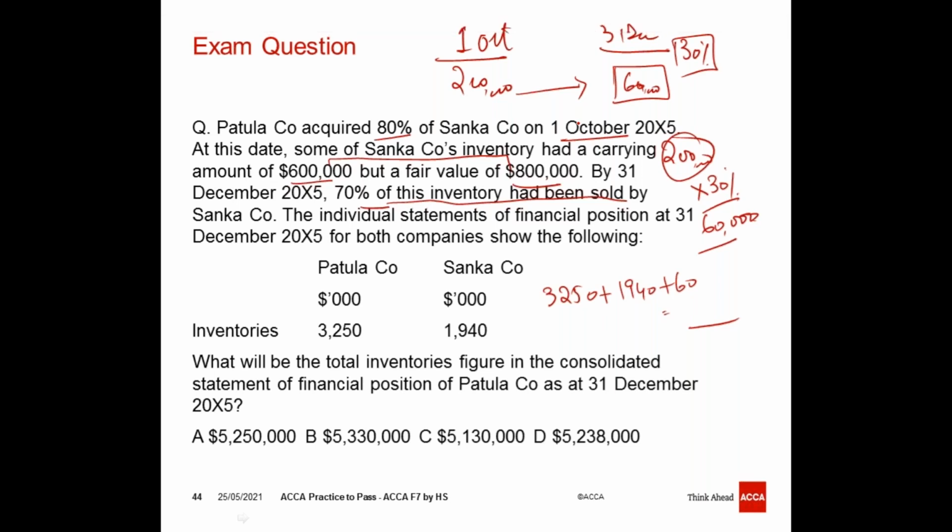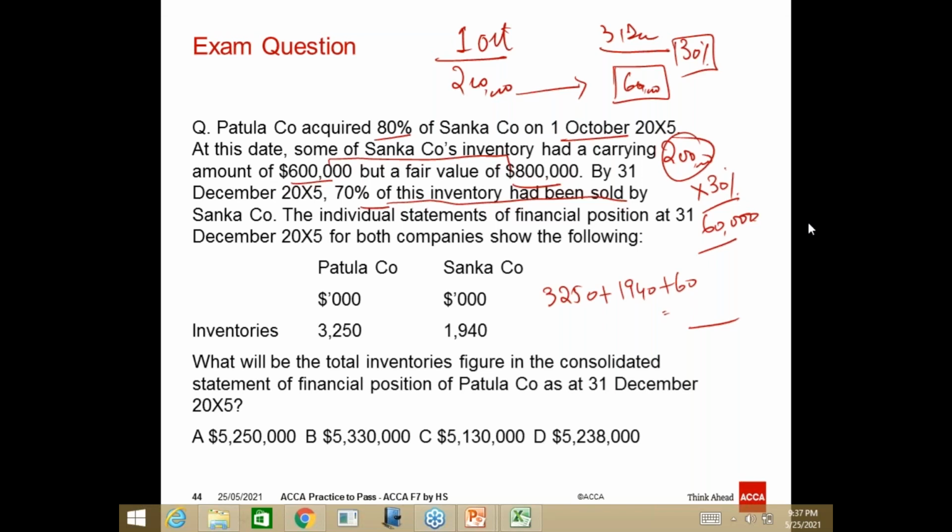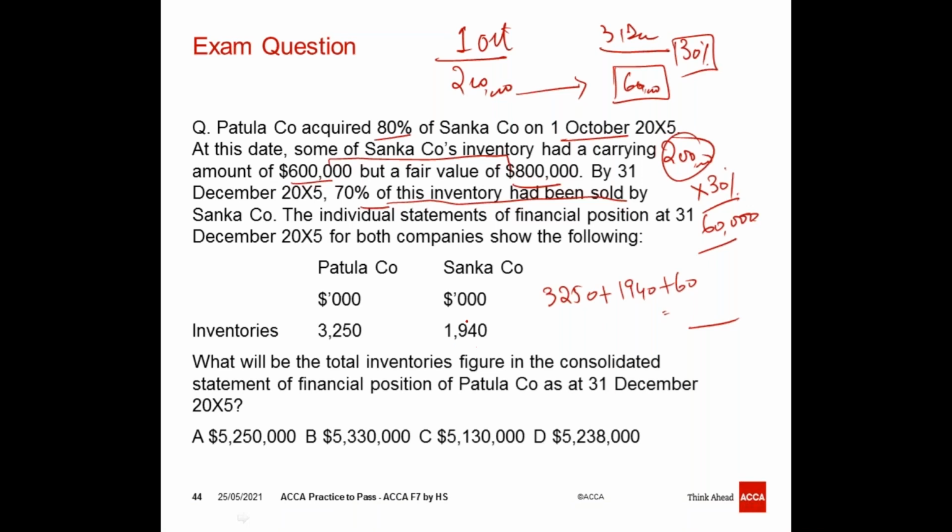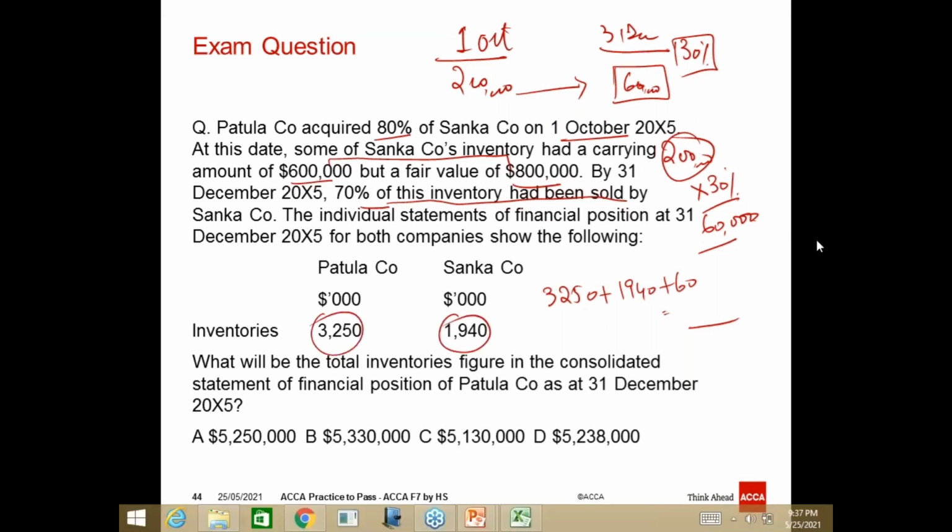But if the question is asking about the inventory at the date of acquisition, then we should add 200 in the total inventory. 19540 is the closing stock of the subsidiary company. This is not against the concept of IAS 2. No, consolidation has some different rules that you need to follow.